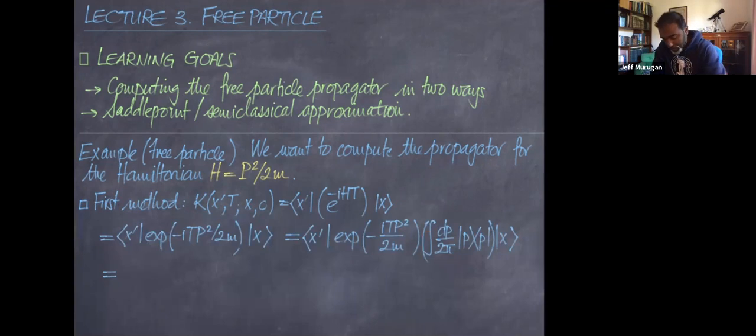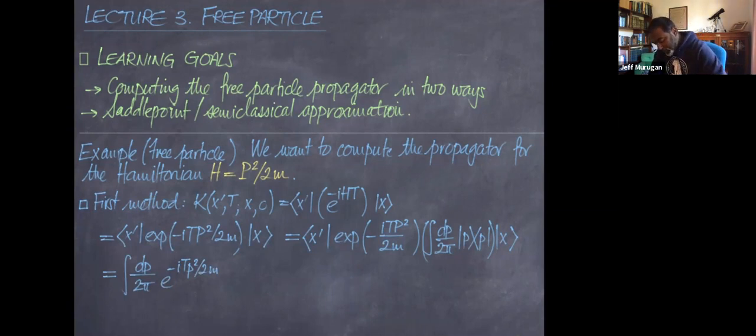With the upshot being that once I've Taylor expanded, acted term by term, and resummed the series, I get the integral over momenta of e to the minus i t little p squared over 2m.